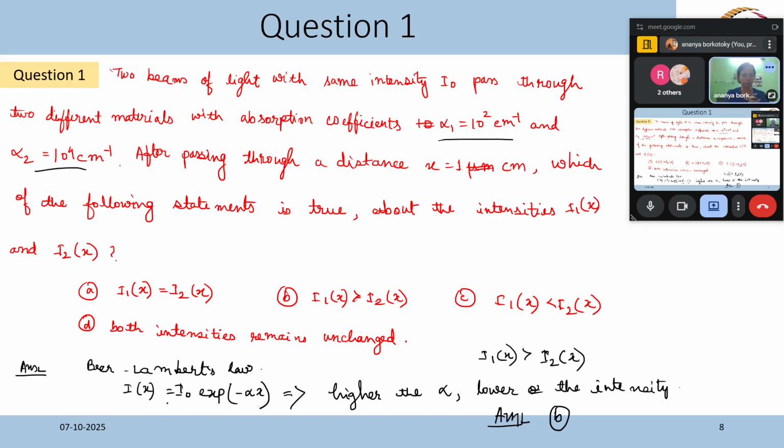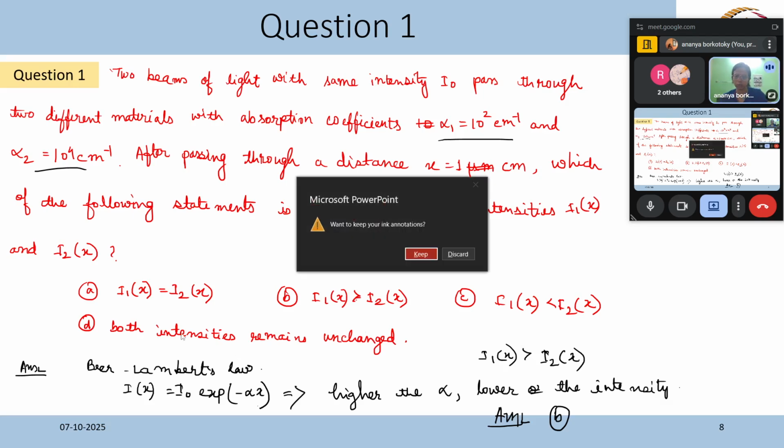I mean, you know that for visible light, for silicon, if x is large, then the intensity should be very low, right? Silicon is not transparent. If it is a transparent material for visible light, the intensity should be almost equal to I naught, right? So that's the question.